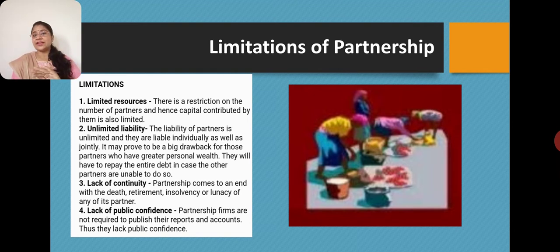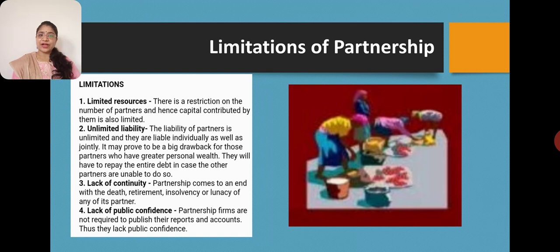After that, if it is insufficient to cover the debt, each and every partner's personal property will be seen. So individually also they are liable. So we say jointly as well as individually they are liable for the debts of the firm. Clear? So it is the joint and individual responsibility of every partner.